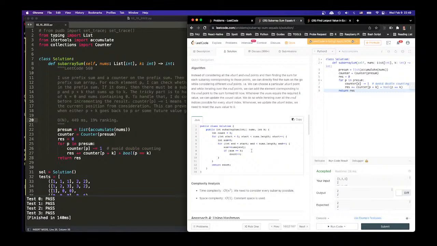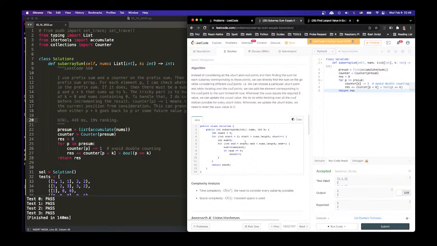Nah. Wait, are we modifying nums? Nah, this is the one that I will go.